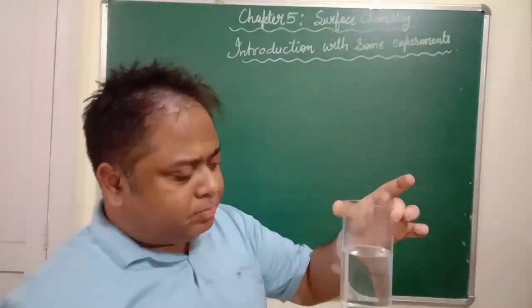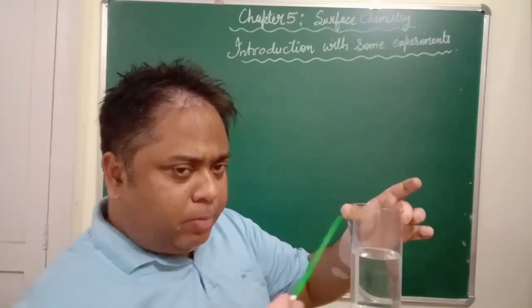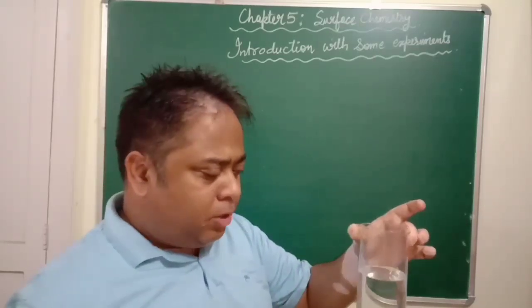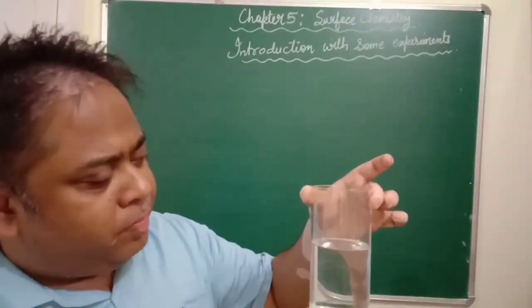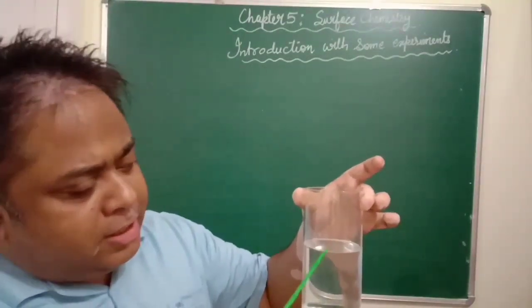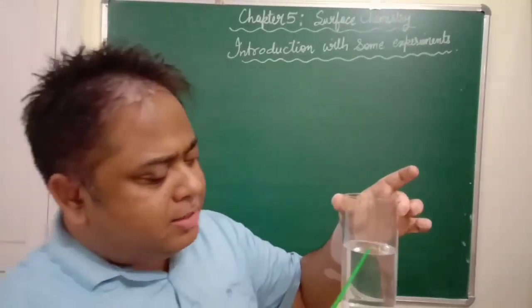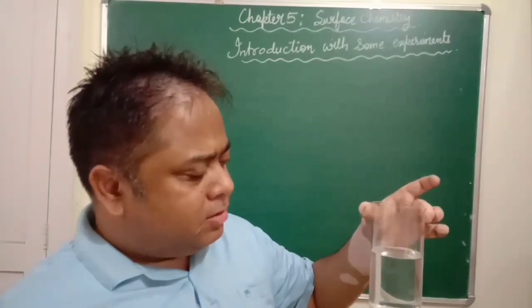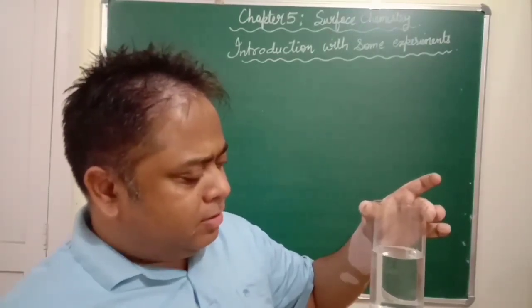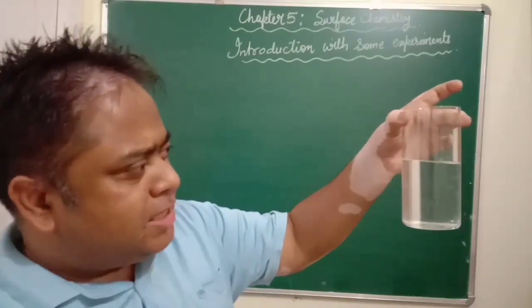At the bulk, each of the water molecule is getting pulled uniformly in all direction by the other water molecule. But at the surface, water is being pulled more towards the water and less towards the air. As a result, you will find that it will form a U-shaped meniscus.